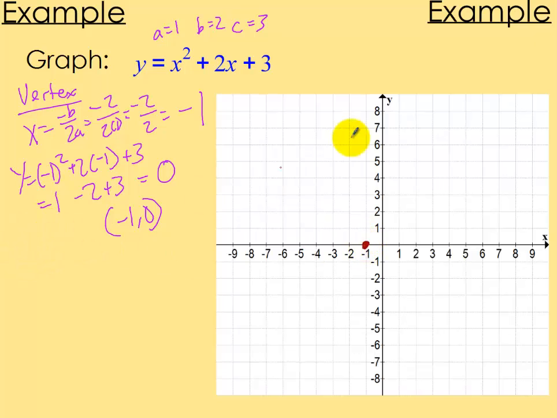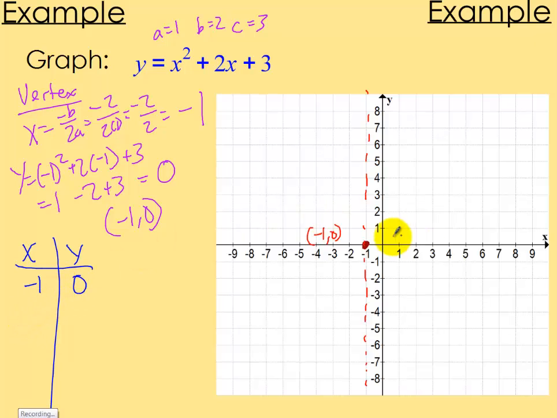So my vertex is at negative 1, 2, and I'm going to plot that right here. My axis of symmetry will go through that point, so I'm going to draw a dotted line through that vertex. I'm going to label that vertex negative 1, 2. Now I want to find a few more points, so I'm going to create a table. My first point is negative 1, 2. I'm going to plot 2 points to the left or right. I'm just going to choose 2 points to the right, so x equals 0 and 1.